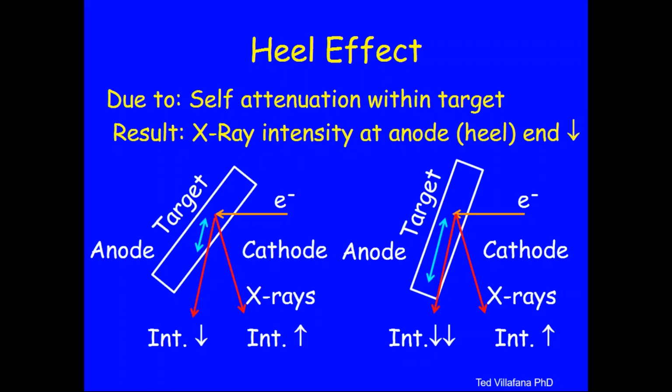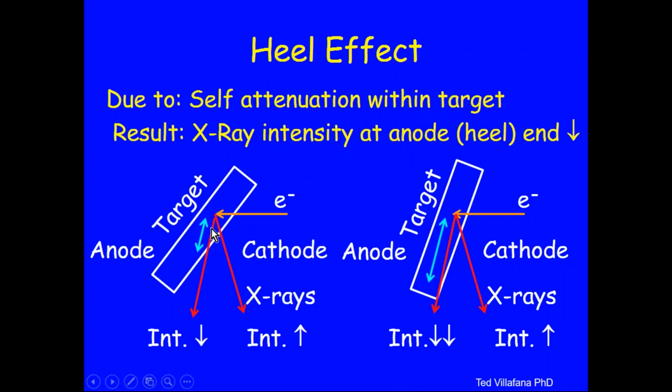Compare these two images. Back to the left. Notice that in the direction of the anode, the path length of the X-rays is greater than the path length in the direction of the cathode. You see that difference here? I've indicated in green the path length within the anode.